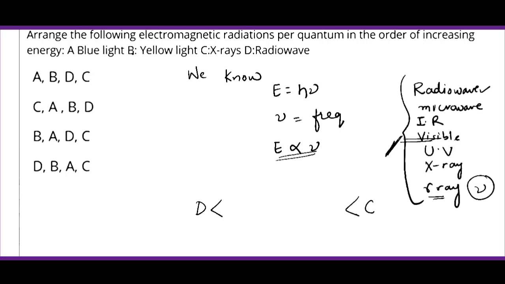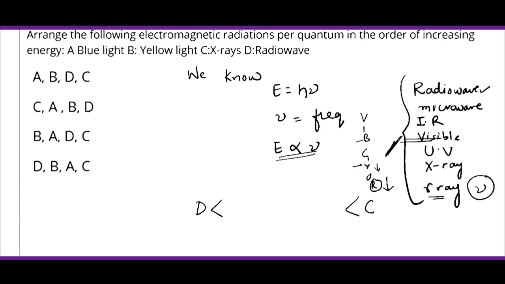Now for the visible ones, yellow and blue, we know VIBGYOR, where red has the lowest frequency. After that, blue and yellow. Yellow has lower frequency compared to blue because VIBGYOR is the order of decreasing frequency.